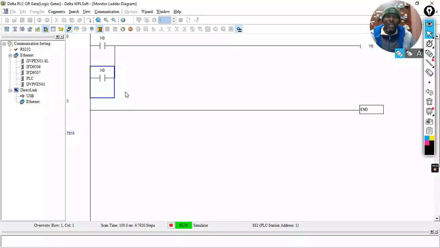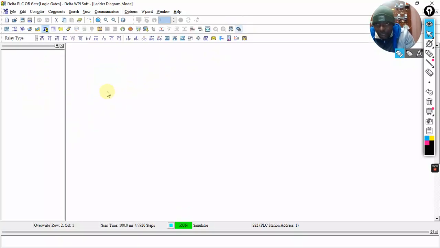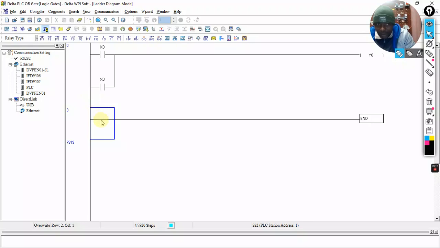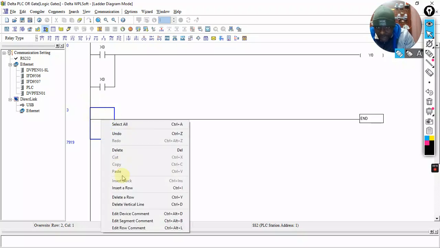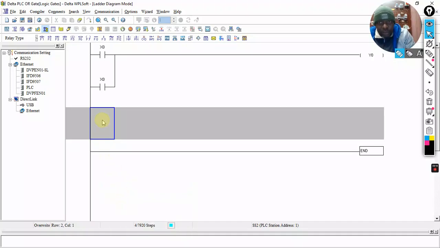If I don't care how many inputs there are, we could have a third input here. Let's add a third input. As long as it is the same one, let's insert a row here. There could be three or more.